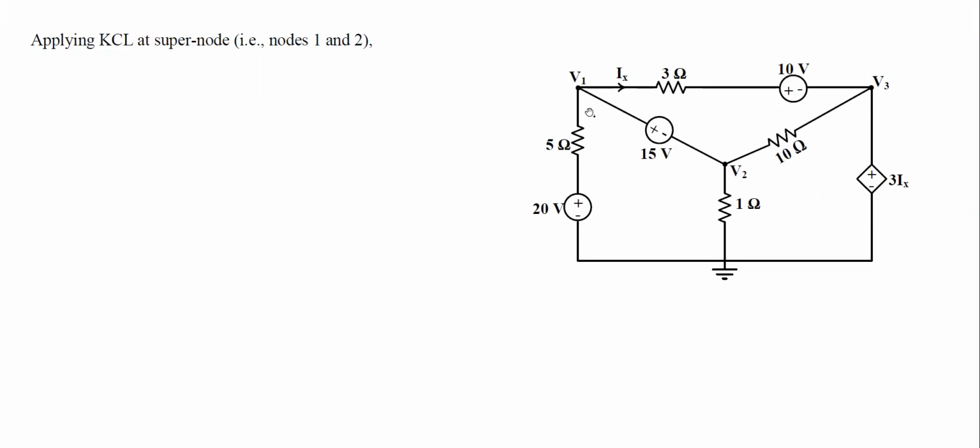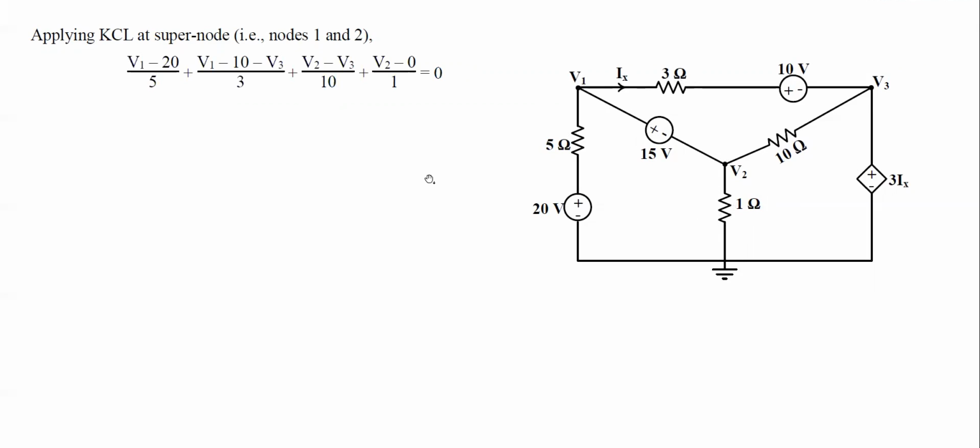For KCL, we know we'll be equating incoming current and the outgoing current. Since there is no current source connected with either node 1 or node 2, all the currents are assumed to be outgoing currents. When all the currents are assumed to be outgoing, this equation will be obtained. (V1 minus 20) divided by 5, obtained from this branch.